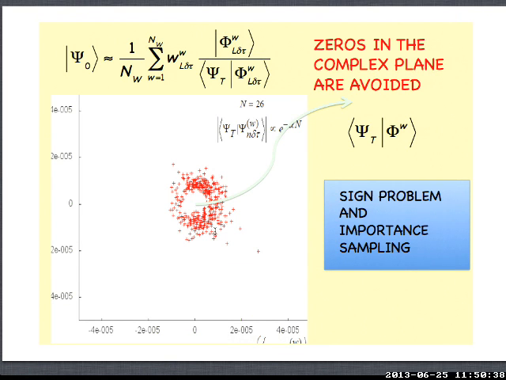Consider this: 26 electrons in the jellium model, an application of the algorithm. And what this importance sampling shifted random walk does is to create such a void near the 0. This is the complex plane defined by the trial wave function.